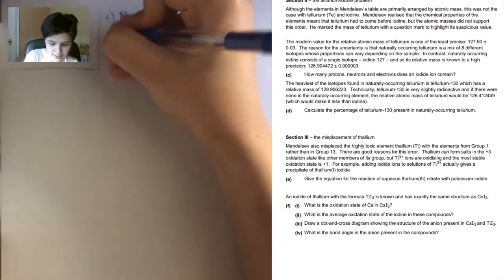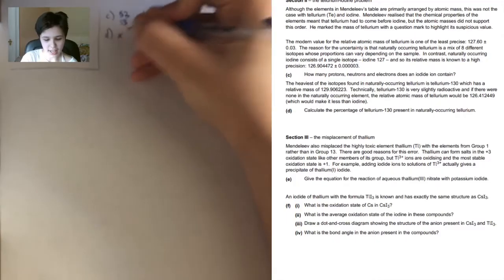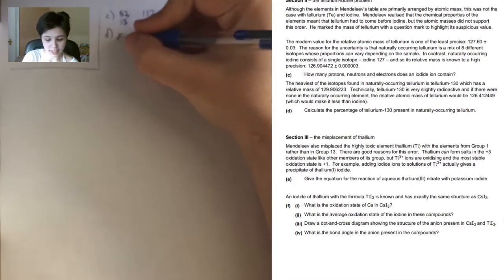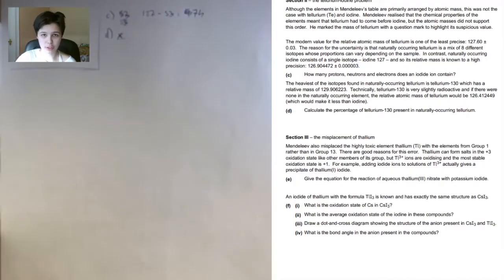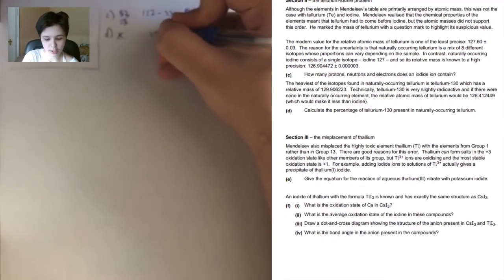Then for part D, I'm going to let x be my percentage, and so that's not a fraction of the total number where the total number is 1. That's actually going to be like x equals 37%.